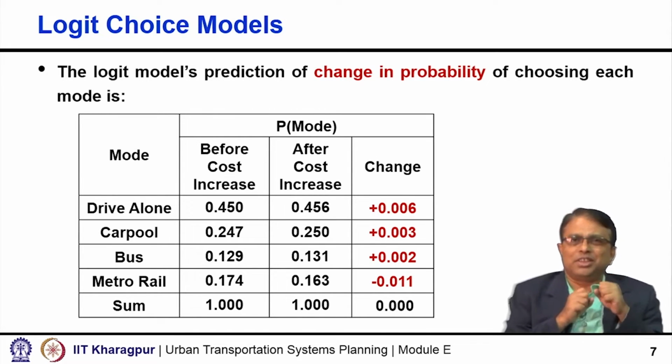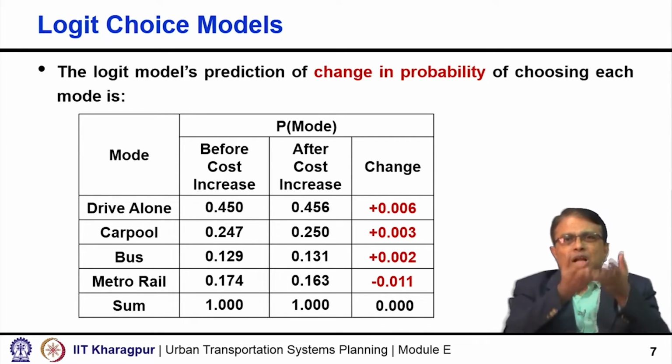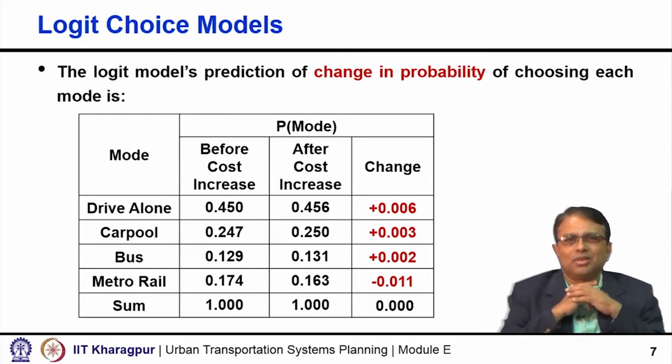So, with that ratio, when the whole thing is getting adjusted, eventually from metro people are shifting more to drive alone, followed by carpool, followed by bus.